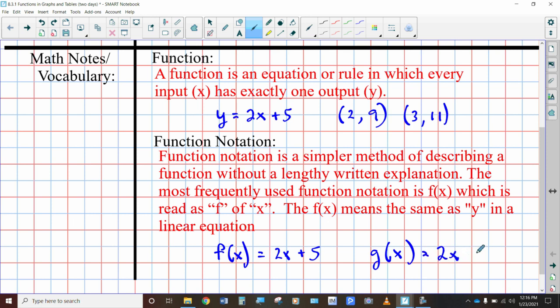So we'd say g of x is equal to 2x plus 5. While f of x is the most common, you could have any letter that precedes the parentheses x, end parentheses. Once again, we'll get into this toward the end of day 2, and I will also give a brief explanation for why mathematicians may choose to use function notation rather than the generic slope-intercept form using x and y.